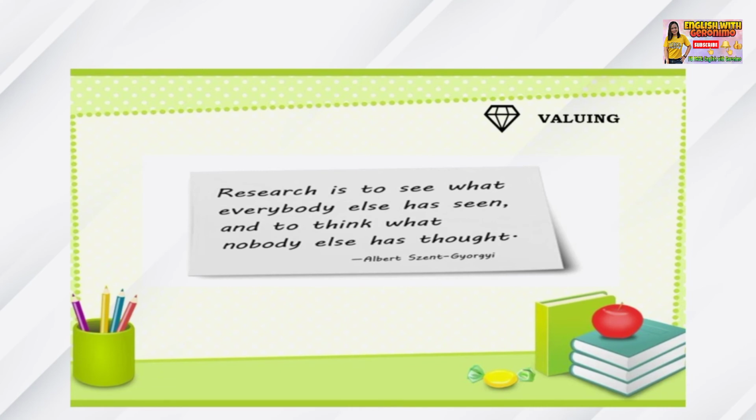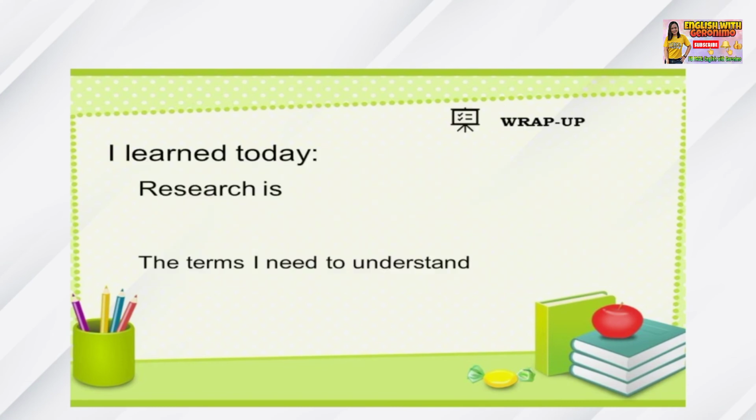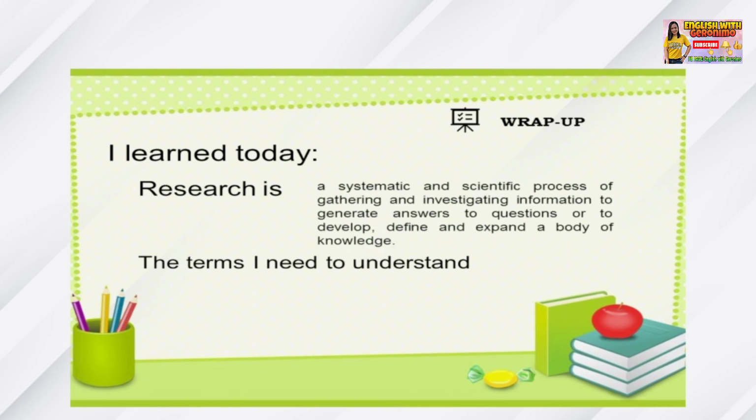Before we end our lesson today, I want you to ponder on this. Research is to see what everybody else has seen and to think what nobody else has thought. Let us have a wrap-up of our today's lesson. I learned today that research is a systematic and scientific process of gathering and investigating information to generate answers to questions or to develop, define, and expand a body of knowledge.